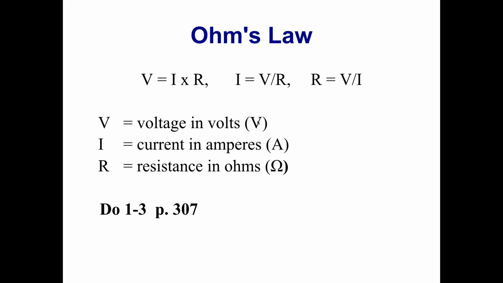V is for voltage or volts, and I is the current in amperes, which is in A. This is just slightly confusing here. But resistance is in ohms, and this is the uppercase letter omega. You want to try out a few problems here on page 307. I would attempt those just after going through this quick demo here.